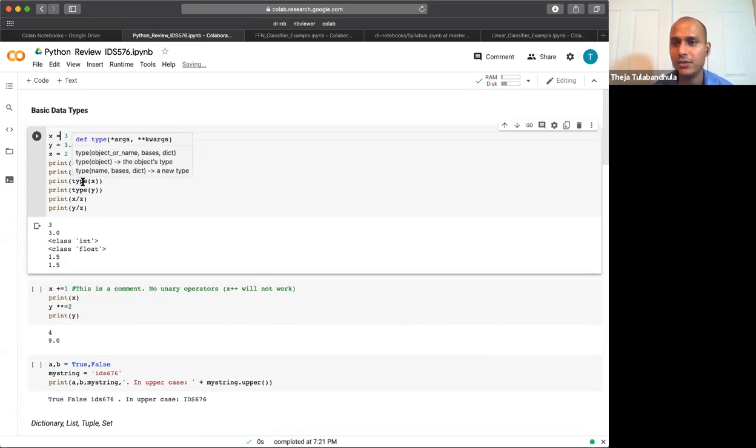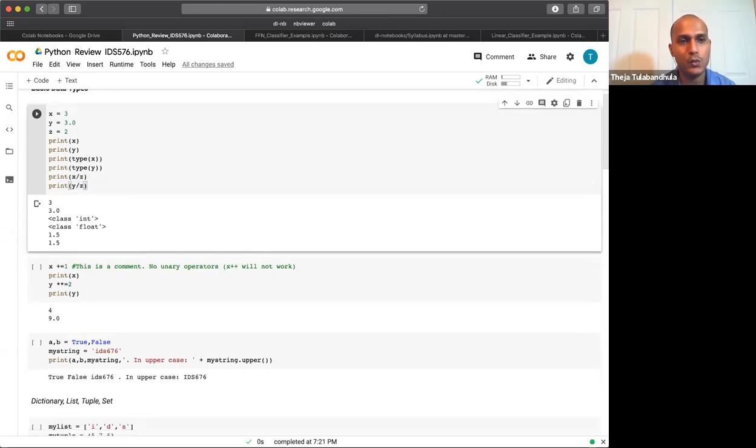This is sometimes useful, especially later on in your assignments, if you want to know the types, as well as, if it's a matrix, how big the matrix is, and we'll see that in a minute.